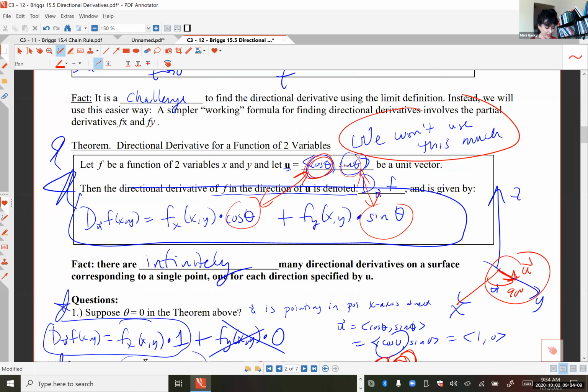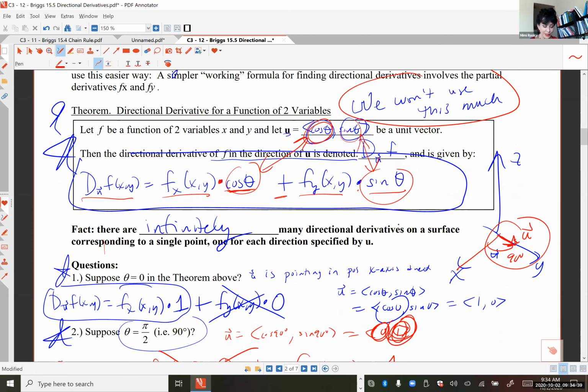Do you notice that this directional derivative theorem has something times something plus something times something else? Doesn't that remind you of the flavor of a dot product? Yeah. It does, because it is a dot product. Really? Yeah, but I didn't want to tell you when I was giving it to you back then because it would have freaked you out. But now you're ready. It really is a dot product.